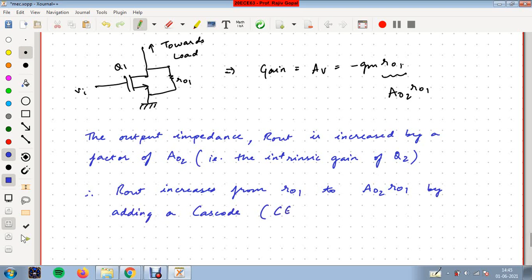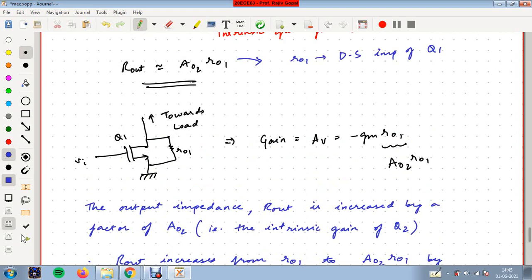Cascode means common gate transistor. This is the thing to take away here. A naught 2 is the intrinsic gain of Q2.